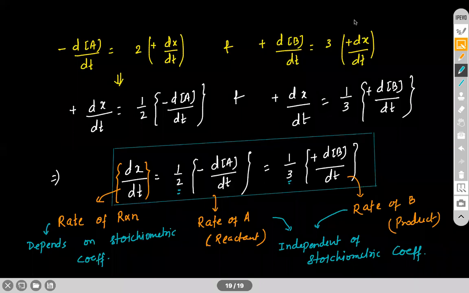Write down: the rate of individual species. Individual species means any reactant or product. The rate of individual species is independent of the stoichiometric coefficient.